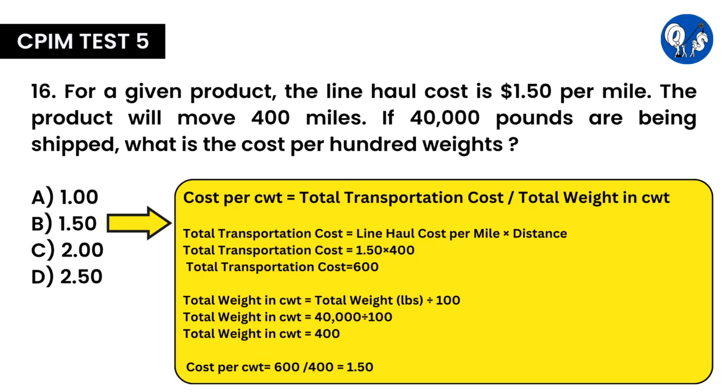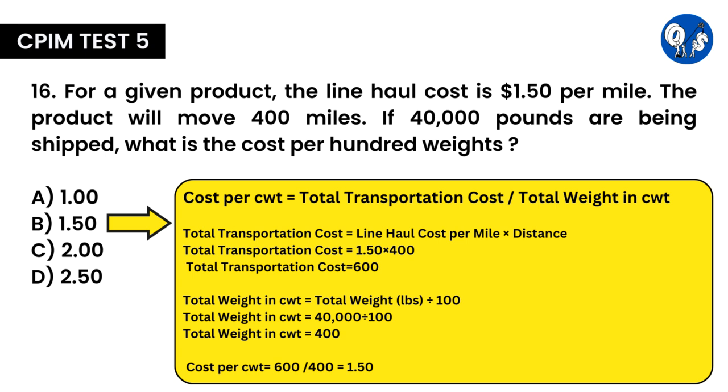Now in order to calculate cost per 100 weight, we are going to use the formula, that is total transportation cost divided by total weight in cost per 100 weight. So first we are going to calculate total transportation cost, which is line haul cost per mile multiplied by distance. So 1.5 multiplied by 400 is equal to 600.